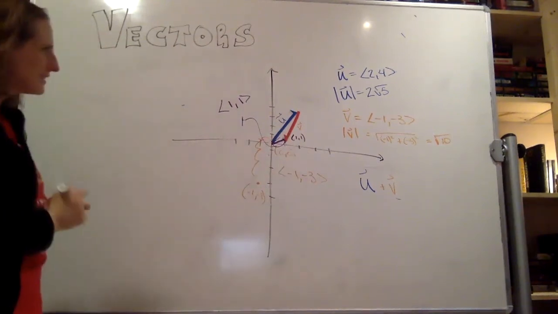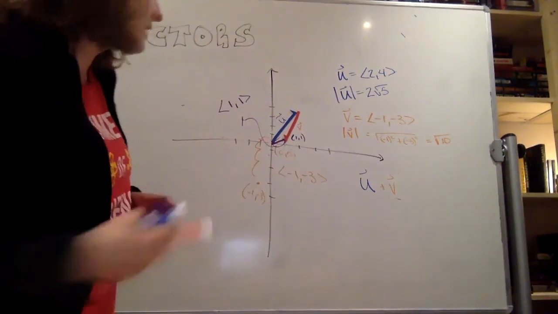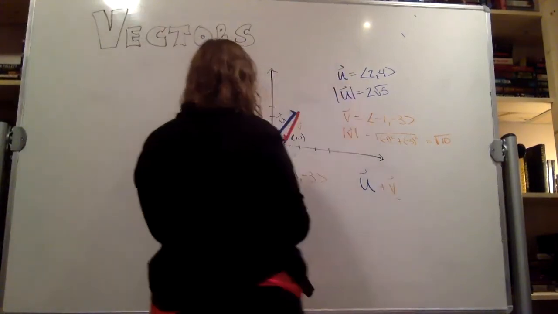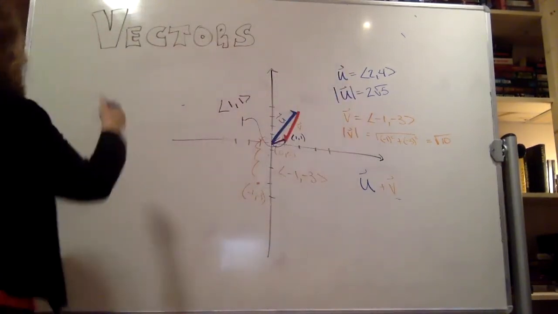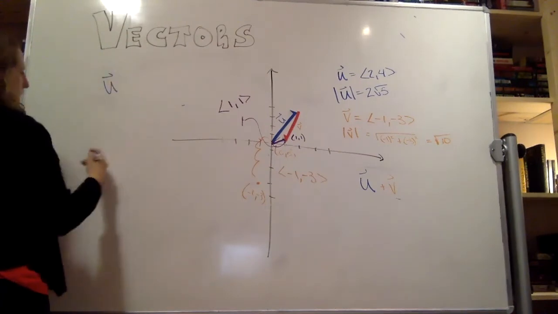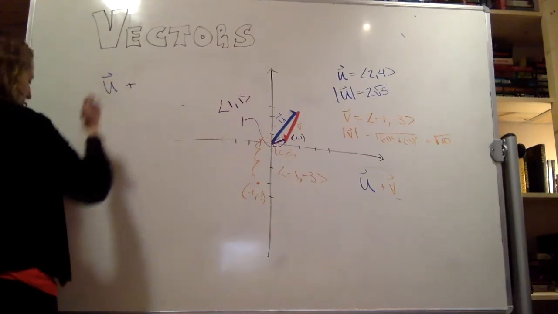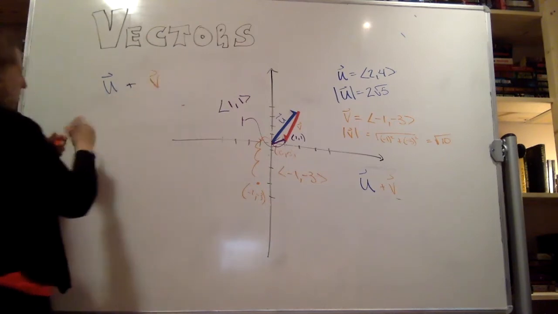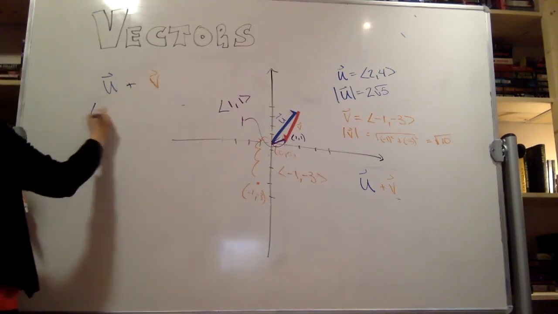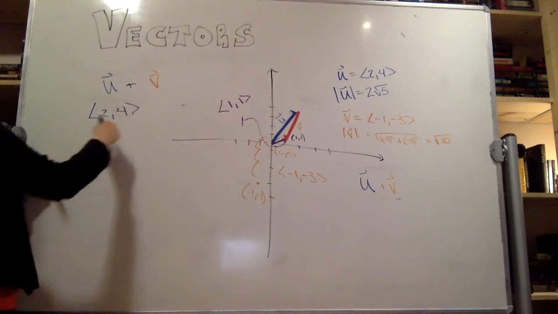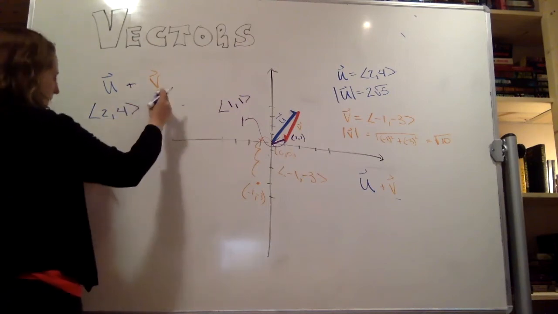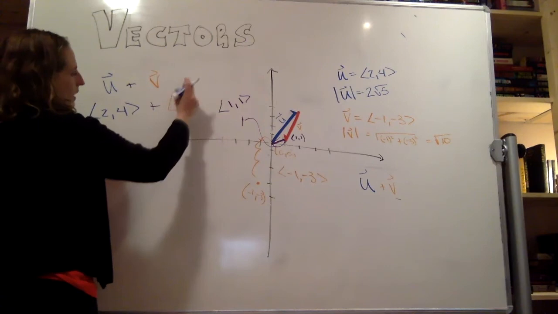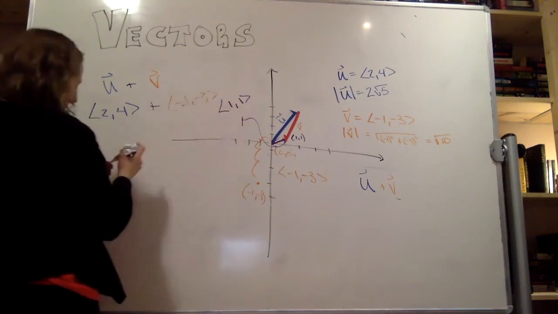Does that make sense? Well, the nice thing about having vectors expressed component-wise is if I want to add u plus v, well, that means I'm adding component 2, 4, that's the component version of u, plus -1, -3.